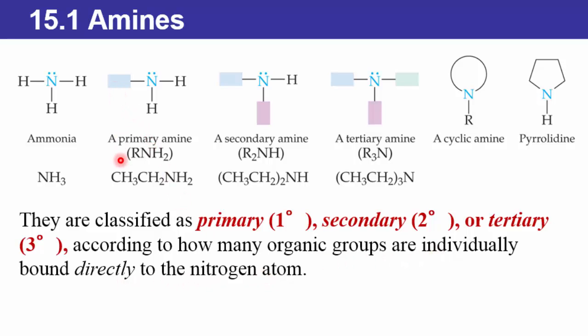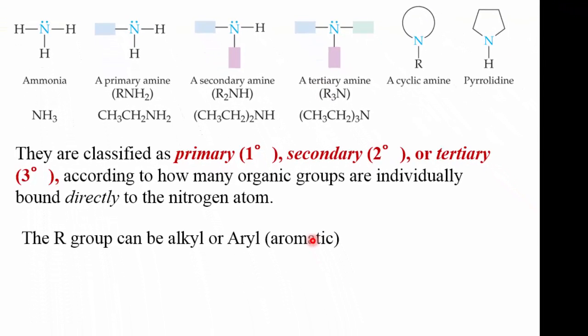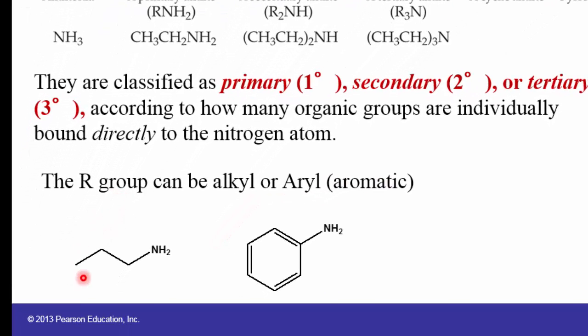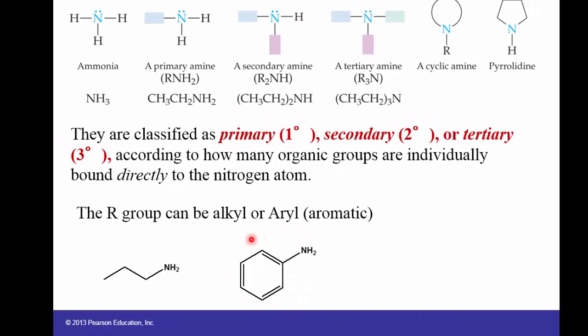If one group is bound, 1 R, this is primary, 2 R, secondary, 3 R, tertiary. The R group can be alkyl or aryl, aromatic. So here the R group is an alkyl group, and here the R group is called an aryl group.